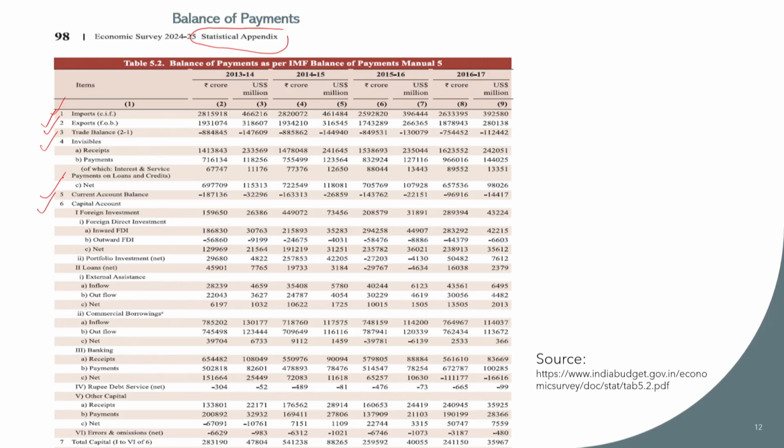So you go one by one, and it will give you very detailed information about the balance of payment components, and you will get lots of insights into what the components are and how they are changing over time. So I would strongly urge you to go through the Economic Survey statistical appendix.